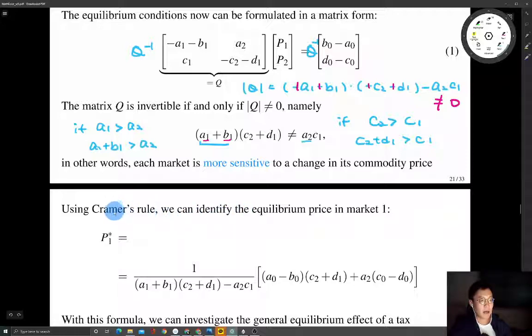So by Cramer's rule, we can write P1 star as 1 over determinant of Q times the determinant of this 2 by 2 matrix.